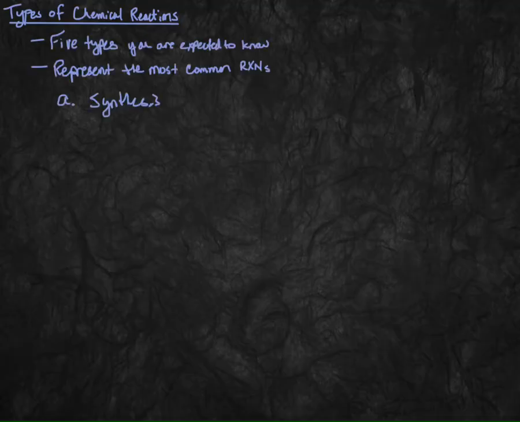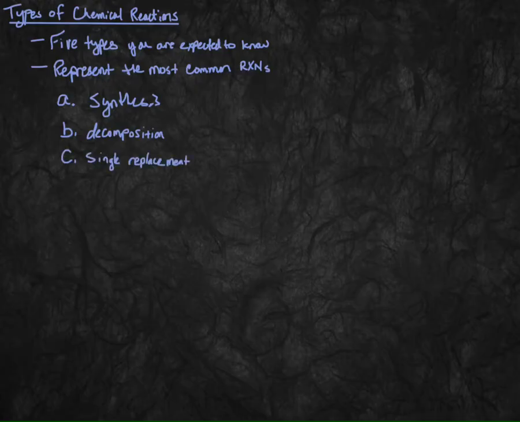But we're talking about types of chemical reactions. And there are 5 basic types of chemical reactions you're expected to know. They represent the most common reactions that we have in chemistry. The first one is called synthesis. The next one is called decomposition. The one after that is single replacement.